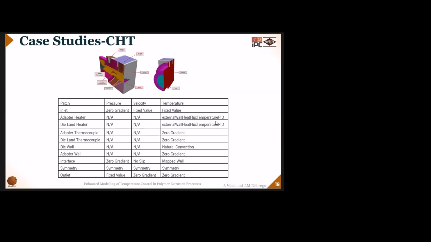Okay, for modeling the CHT case, the main difference is that we are using a metal wall interface, and we apply the external wall PID, the new boundary condition, to the heaters' place. For all the surfaces in the die, we apply natural convection.